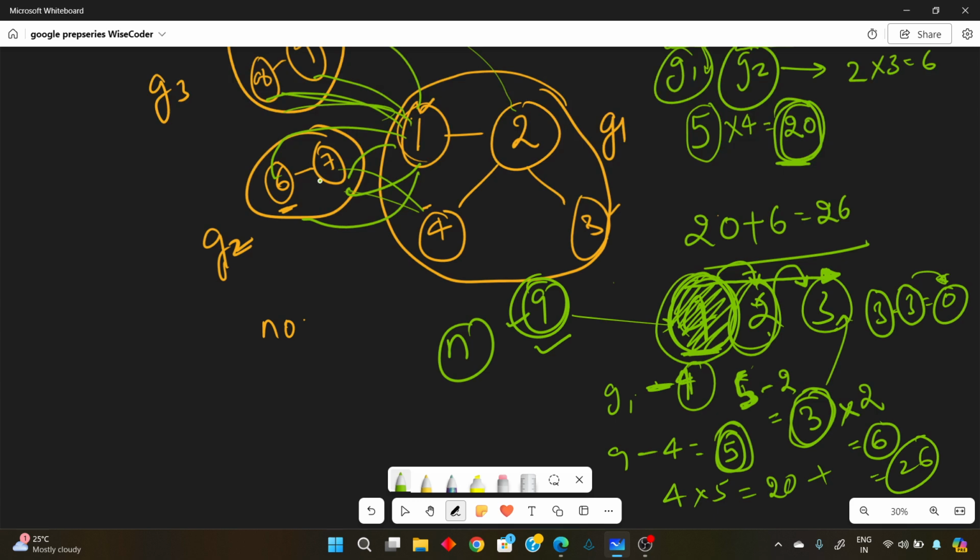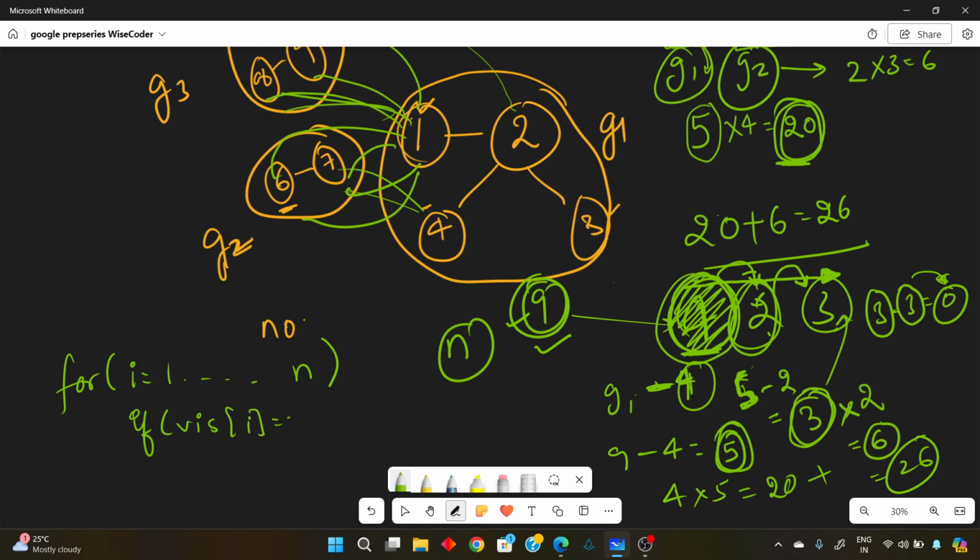Now, coming to how we can find which people are there in each group, that is very simple. There is a way. What you can do is run a loop starting from 1 till n, and check if this node is visited or not.